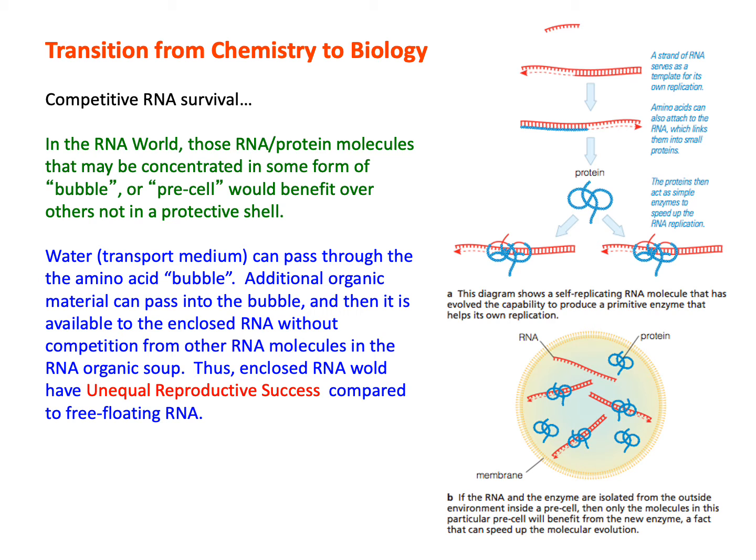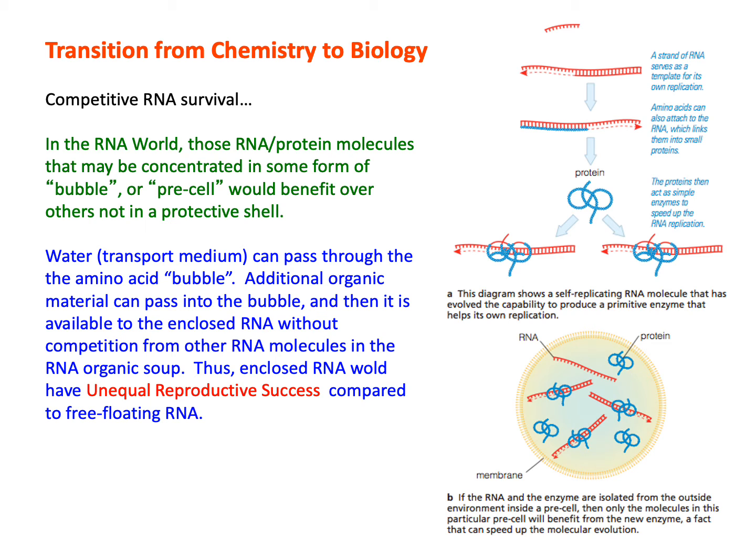But we know you've got to have water, and water is one of the molecules that can easily pass through these, because water is the transport medium of all of these various types of organic chemistry processes. Okay, so the upper right is just basically showing you how the protein ties together and facilitates or catalyzes this process in the modern day world.